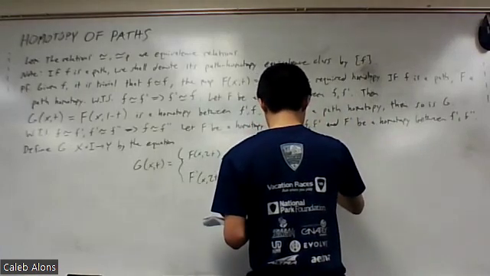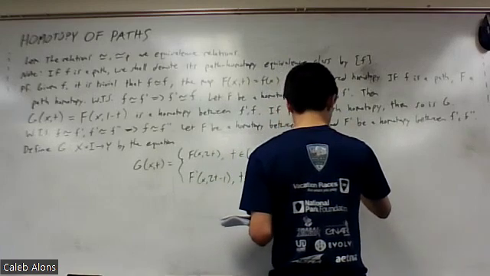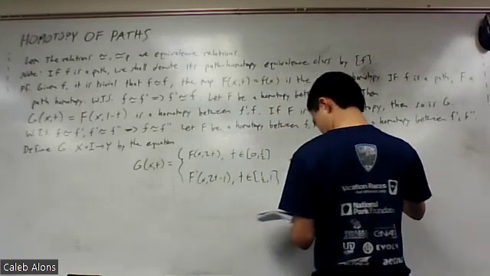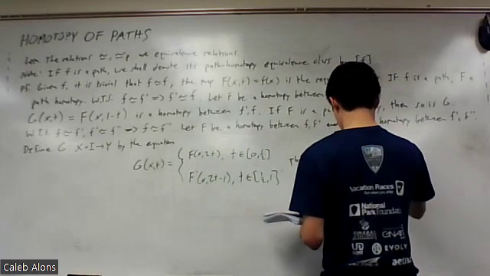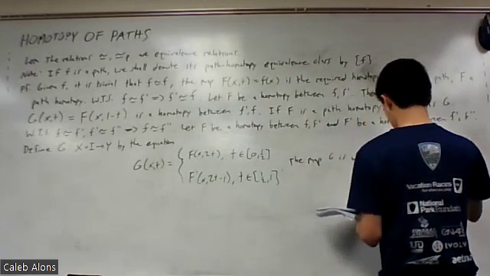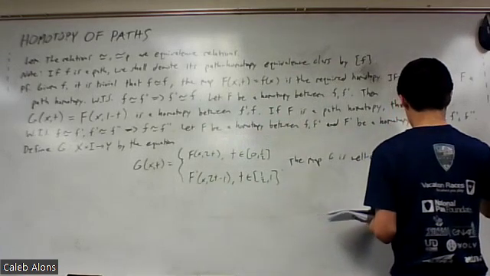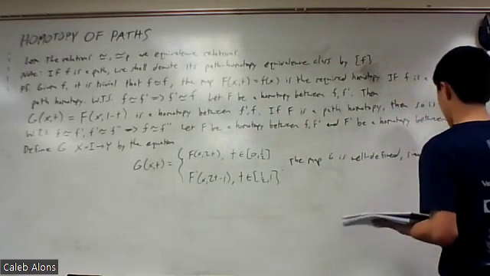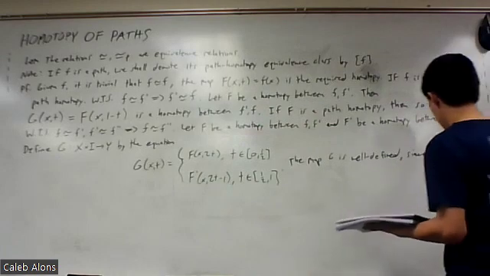Then the map G is well defined, since the issue would be the connecting point t equals 1/2.